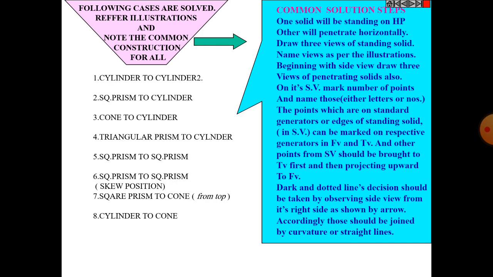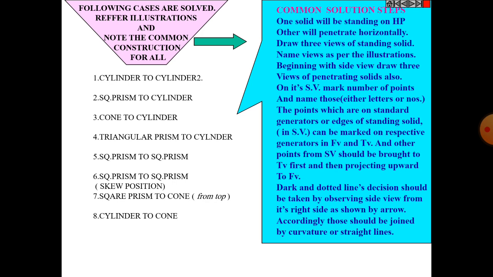Firstly, draw the three views of the standing solid which rests on HP and name the three views as per the illustration, for example front view, top view and LHSV or right hand side view. Draw the penetrating solid also in a side view. It is a very important thing.